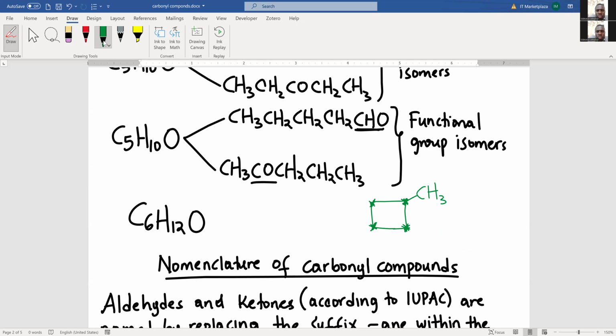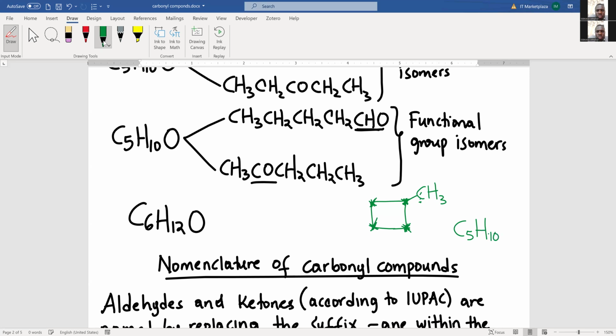These are 5 carbon atoms. This is 1, 2, 3, 4, 5. So that is C5. Then hydrogens, these are 2 plus 2, 4, 6, 7, 8, 9, 10. So these are 10 hydrogens.